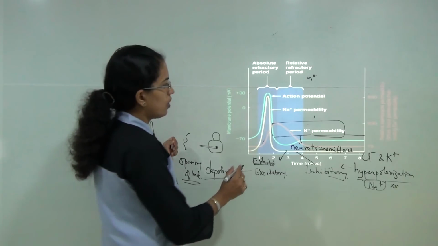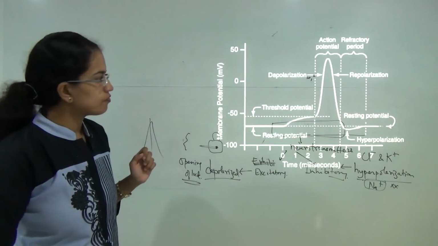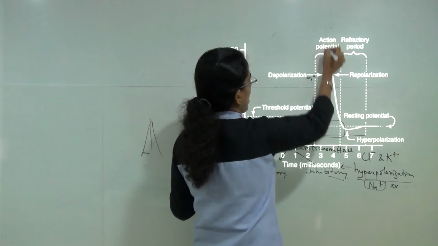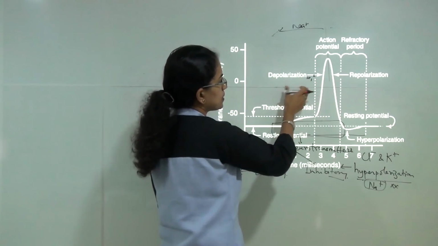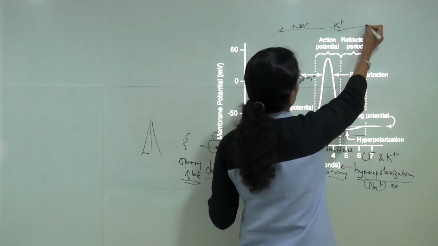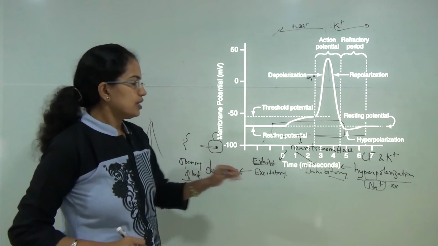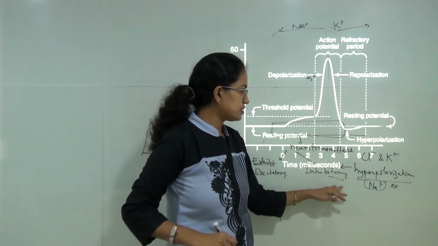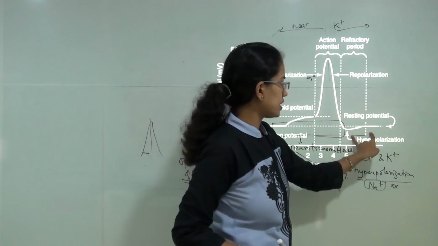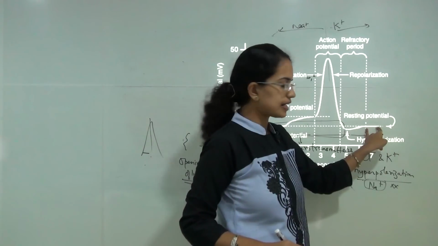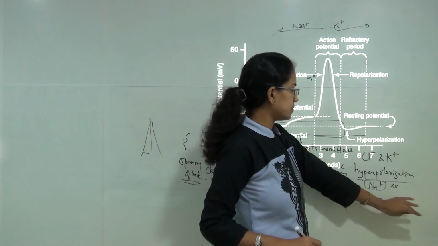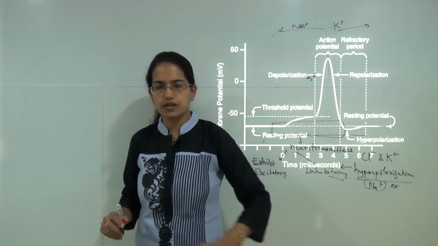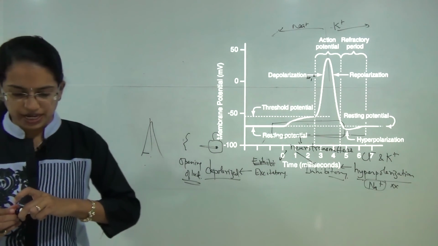As we saw in the previous graph, sodium channels are active till the phase of depolarization, and beyond that potassium channels are active. So when we talk about inhibitory neurotransmitters during the phase of hyperpolarization that occurs here, the sodium channels would be closed, but it would be open to the chloride and the potassium channels.